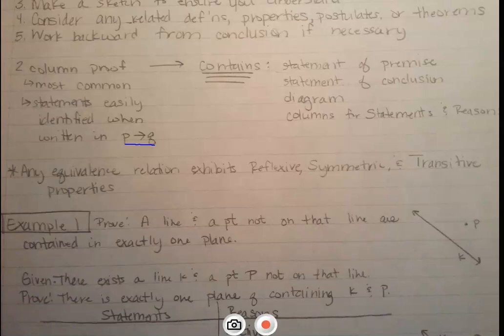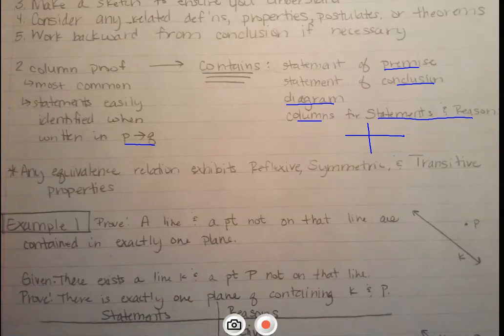So in a 2-column proof, we have the statement of the premise, the statement of the conclusion, and a diagram. That sketch was number 3 up there. And then we're going to have columns for statements and reasons. If you want to draw that in, you can, but we're going to jump right to it.